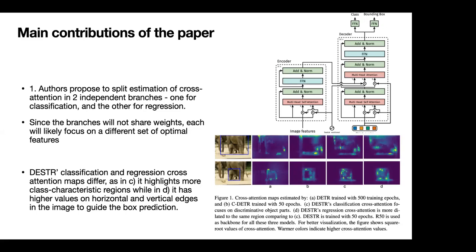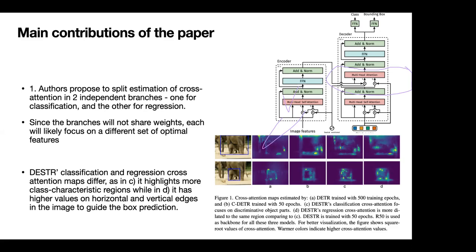As you can see here, this is the architecture of the decoder, and they use one branch for both regression and classification, so that they predict from the shared features, while the authors propose not to share features, because they consider that classification and regression branches will likely focus on a different set of optimal features.